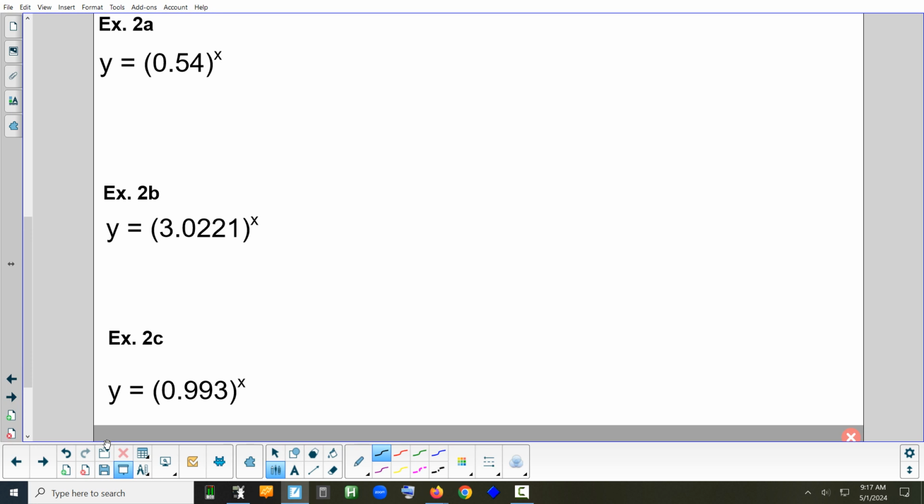Okay, so there's examples 2A, 2B, and 2C. So take maybe a minute or so on your own and see if you can tell me which of these are growth and which ones are decay. They're not all growth, they're not all decay. There's a mixture. Okay, so just write down which ones are which.